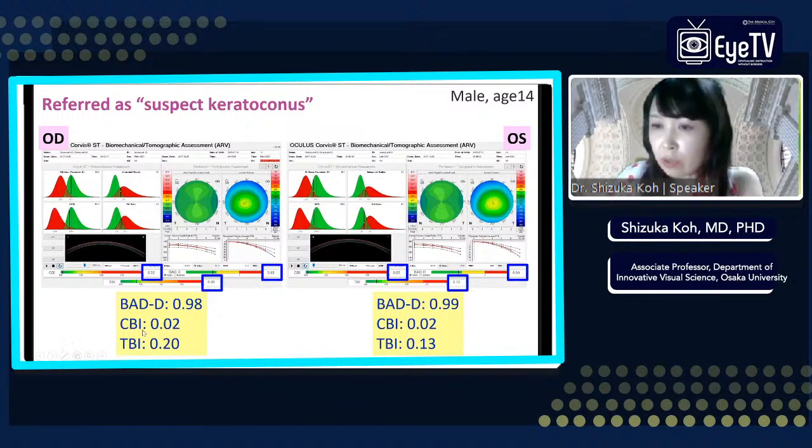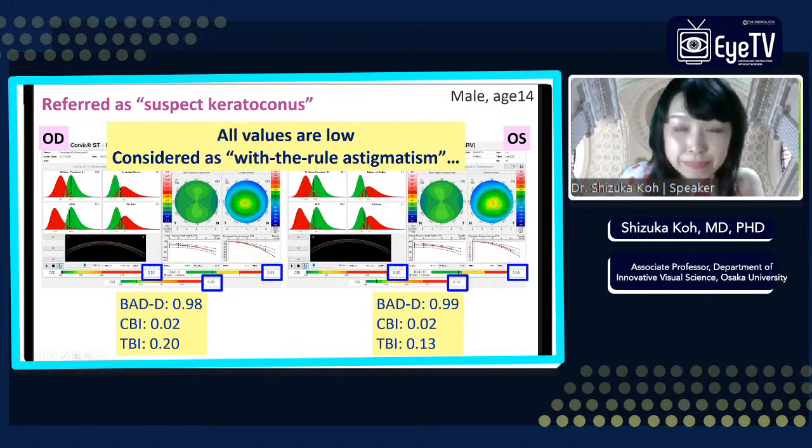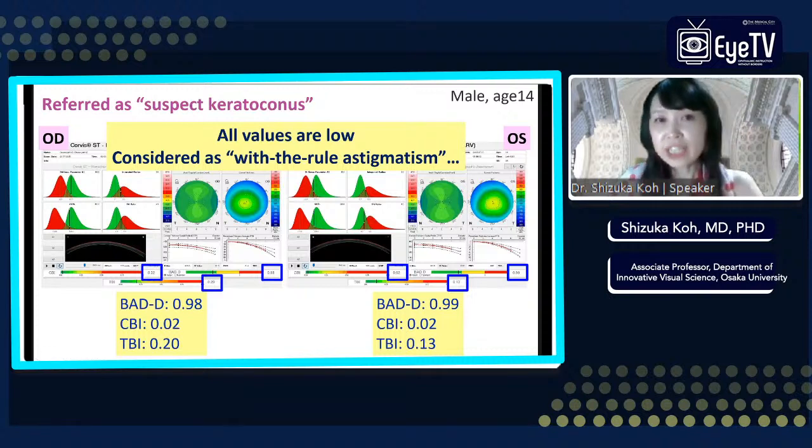So in both eyes, BAD, CBI, TBI, all the values are within the normal ranges. So no abnormality was detected. So we consider him as with-the-rule astigmatism. But of course, we also ask him to come back 1 year later. So far, he is still with-the-rule astigmatism.